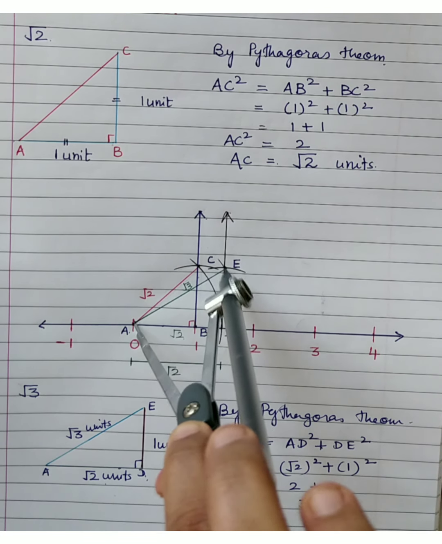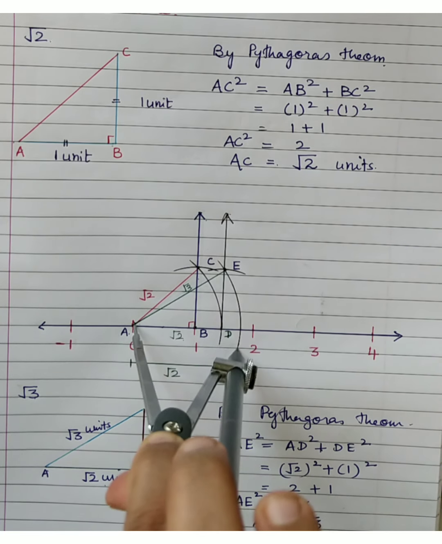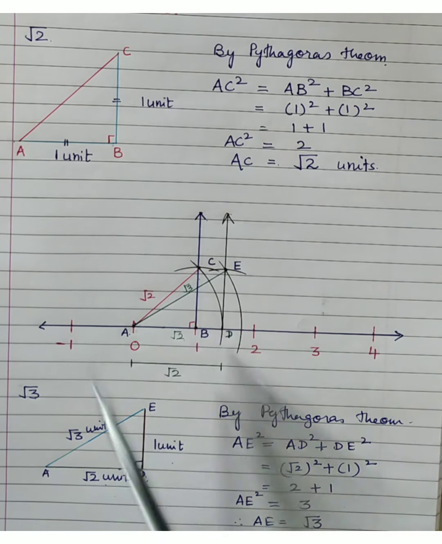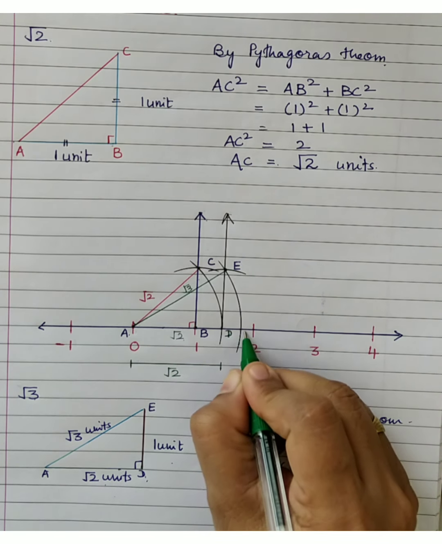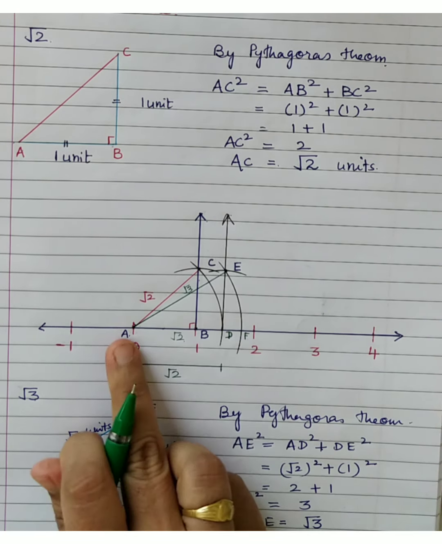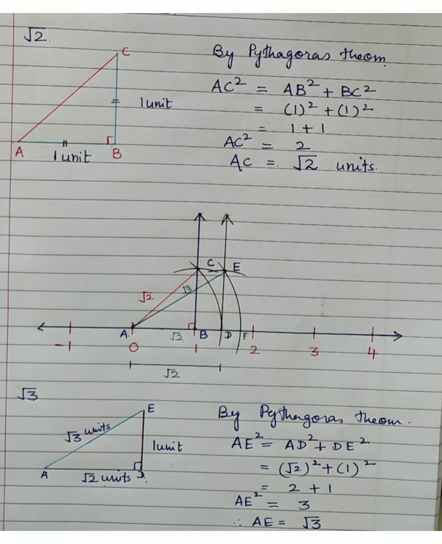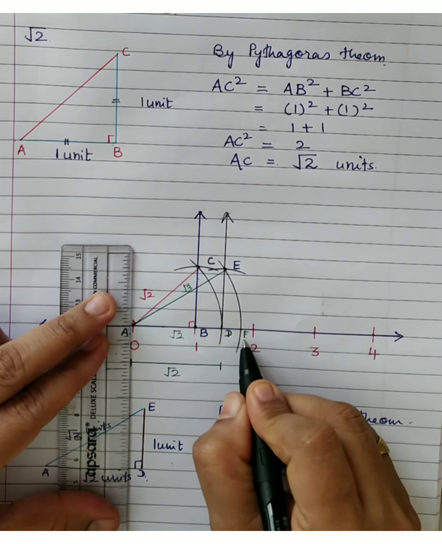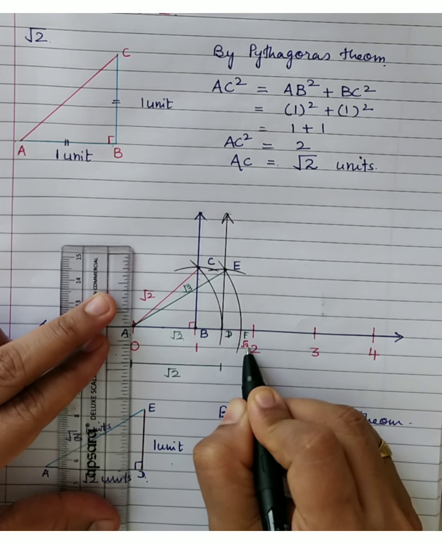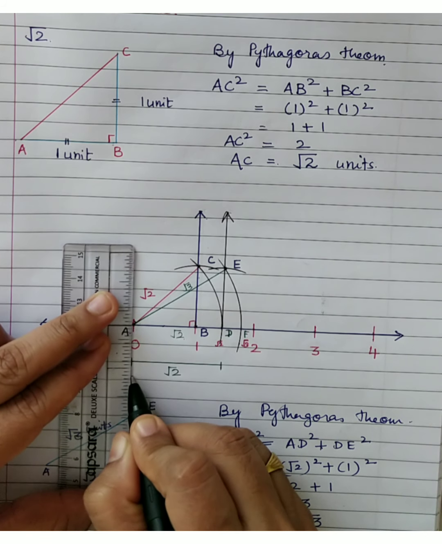So this is how the length is being taken on the number line. The second arc obtained, you can name it as F. Length AF is equal to under root 3 units of length. Here also you can write under root 3. This was our under root 2, and you may drag it down.